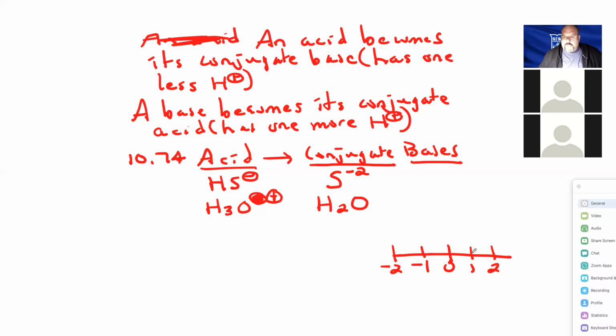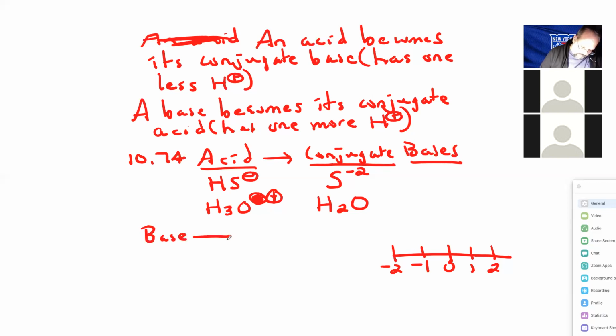If the charge is +1 and I take out a positive charge, what does the charge become? The charge becomes 0, so I don't write anything as a superscript. So the correct formula for the conjugate base here would be water, H2O. Those are some examples of acids to conjugate bases. Let's go the other way around.